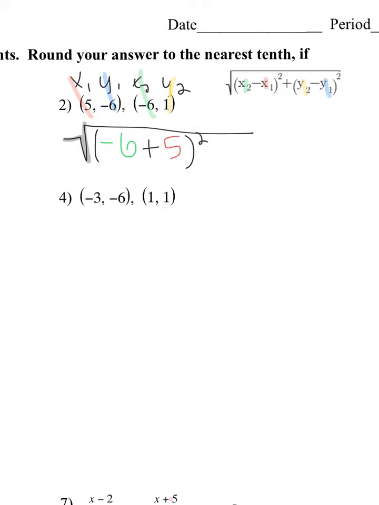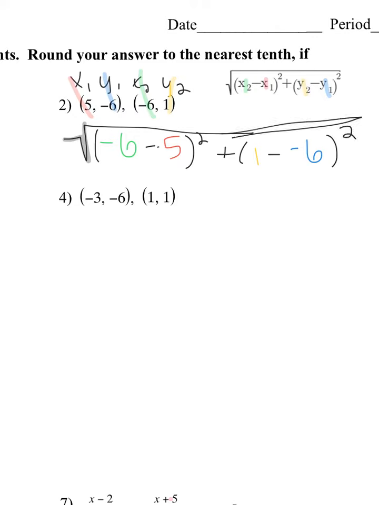Oh, sorry, I'm not going to be adding 5, I'm going to be subtracting 5, and I'm going to square that. All right. And then I'm going to take y2, which is 1, and I'm going to subtract y1, which is negative 6. And I'm going to square that.